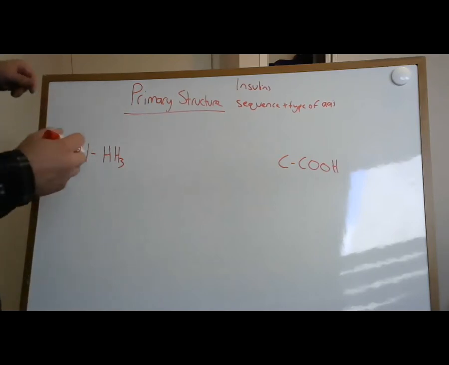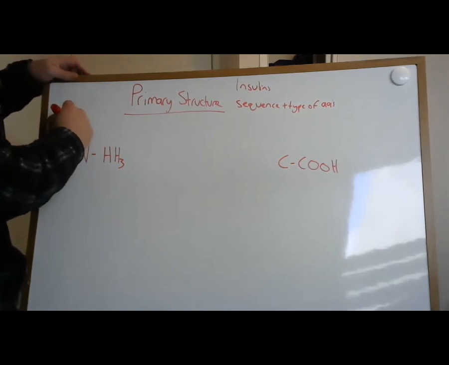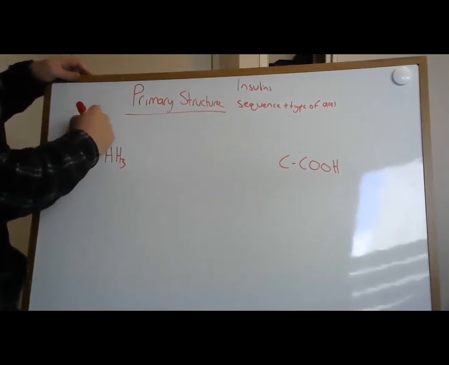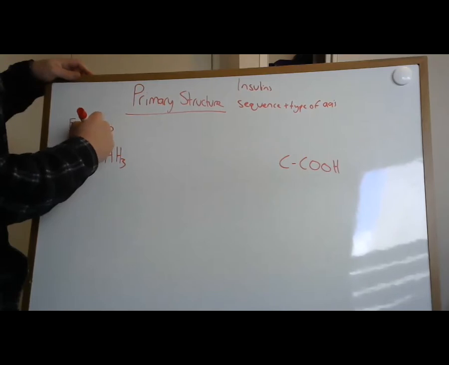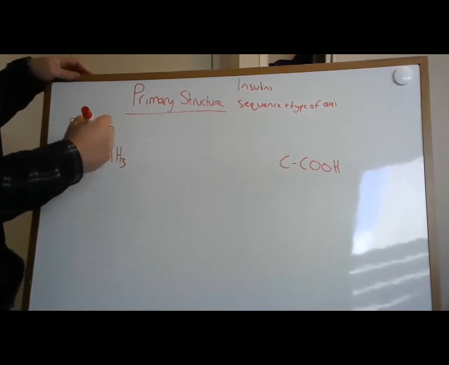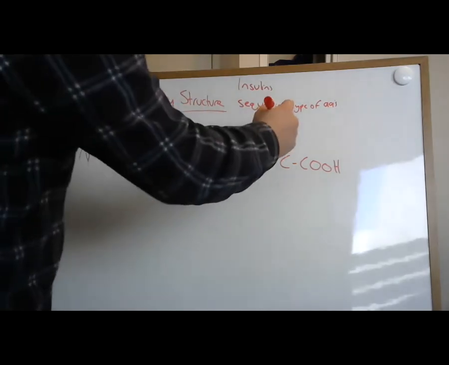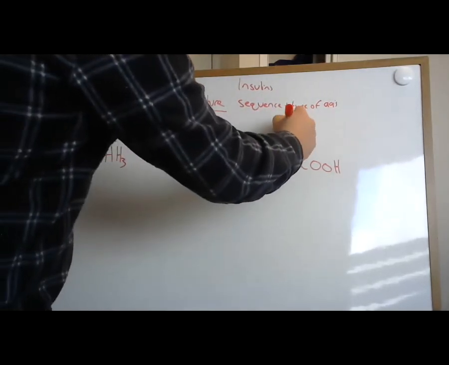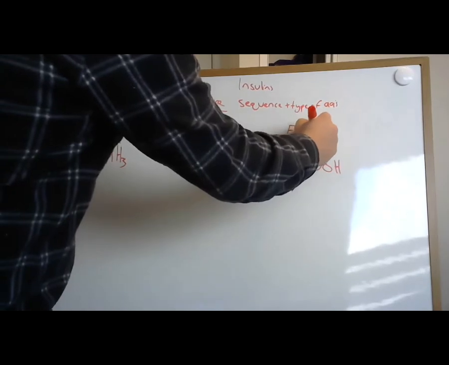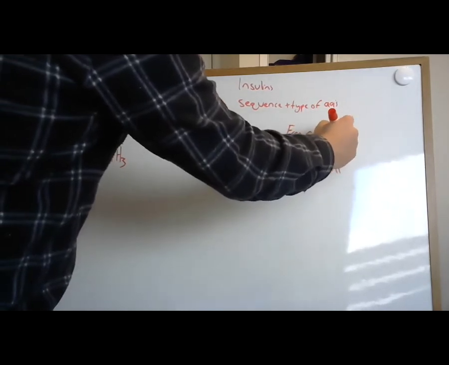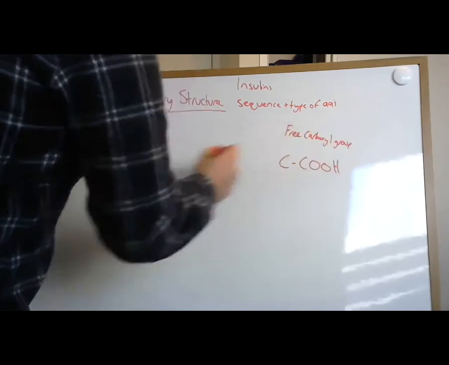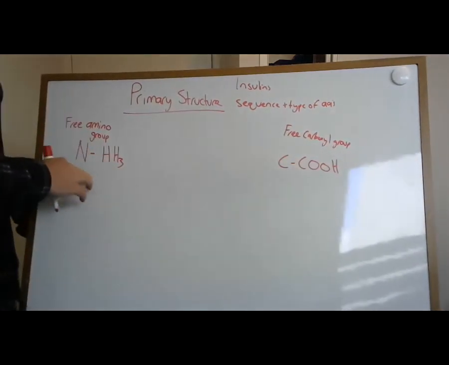So this is the free amino group. The free amino group. And this is the free carboxyl group. This guy's just hanging out here on the end by himself.